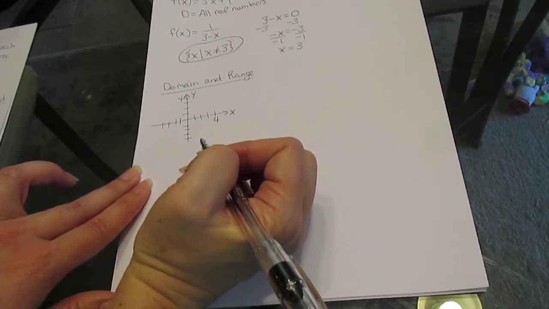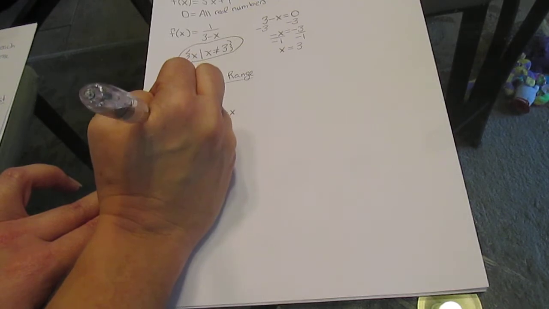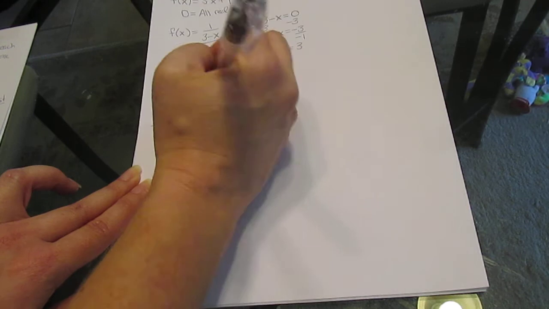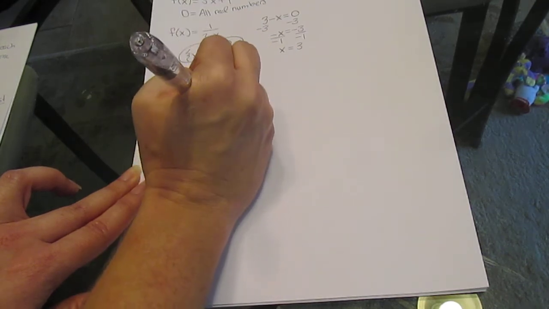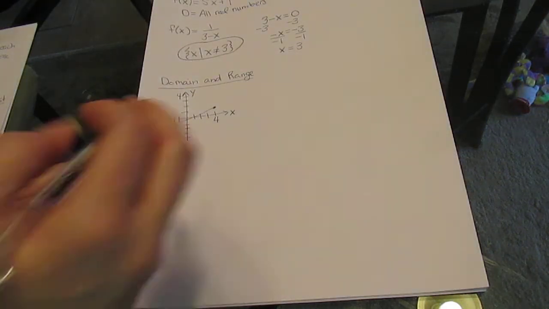And in this graph, they give me an open circle at -2, -1, and a closed circle at 4, 1. And they ask for the domain and range.